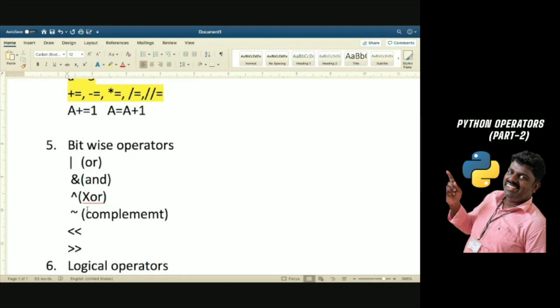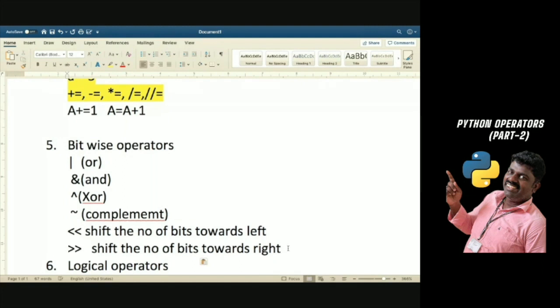Complement means if it is true, the result will be false, and if it is false, the result will be true. Then there is left shift, which shifts the number of bits you give towards the left, and right shift, which shifts the number of bits towards the right.